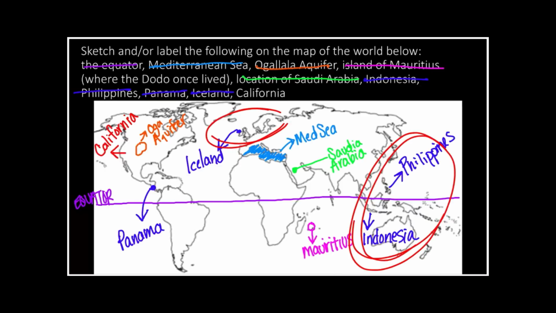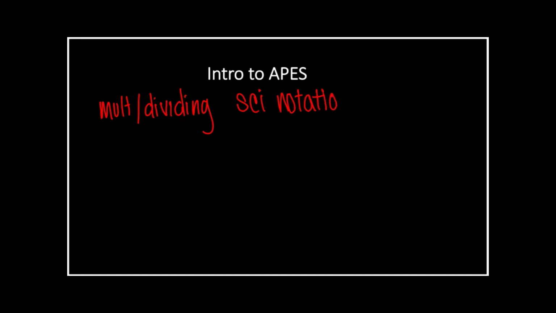In that first module too, by the way, let me just go back. This was not on the review sheet, but you will want to know multiplying, dividing in scientific notation, and sig figs.